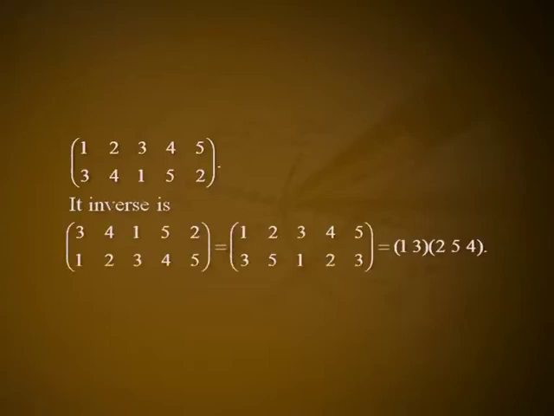Its inverse is the permutation 3 to 1, 4 to 2, 1 to 3, 5 to 4, 2 to 5, which is equal to the permutation 1 to 3, 2 to 5, 3 to 1, 4 to 2, 5 to 3, which is equal to the cycle (1 3) times the cycle (2 5 4).